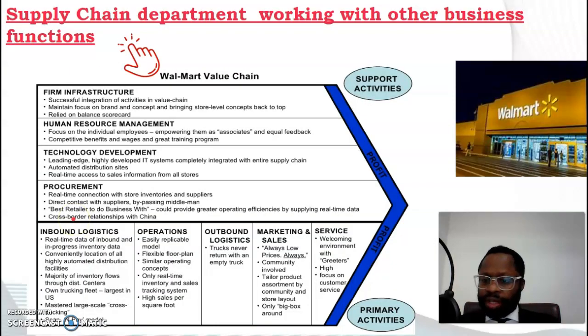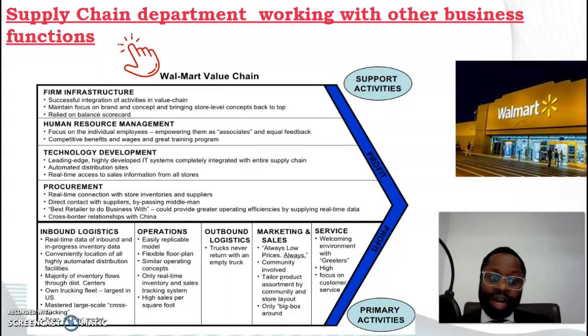And the procurement team will take care of cross-border relationships. So we don't only do business with suppliers within our region, within our jurisdiction. We do business with suppliers in countries thousands of miles away. Those are the support functions, also called the secondary functions.